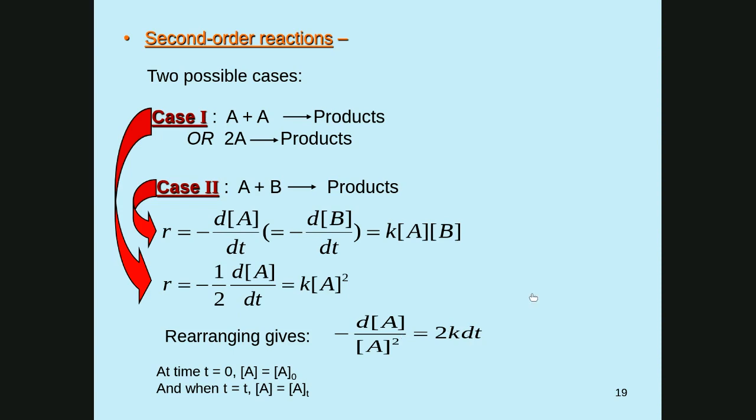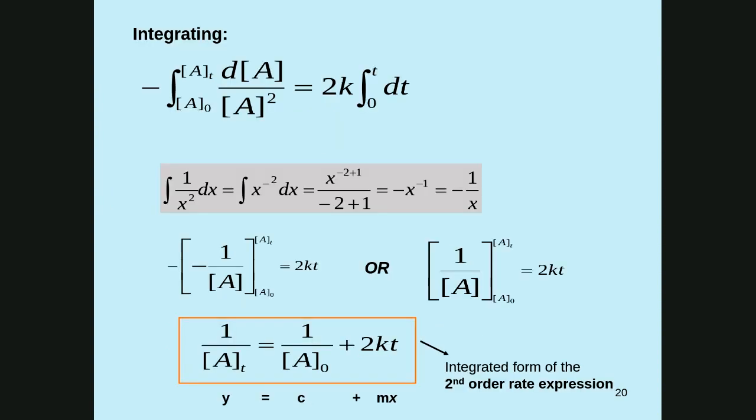In this form, we can apply the technique of integration, because we have separated the dependent variable A from the independent variable t, right? So we can perform integrations on both sides of this expression on the individual variables A here and t there. And that is what has happened here.